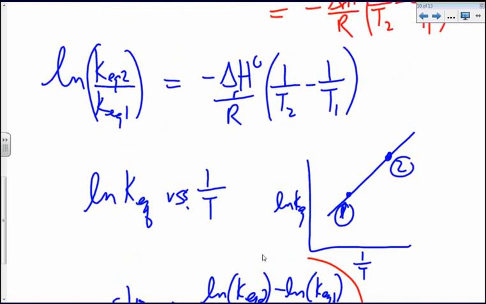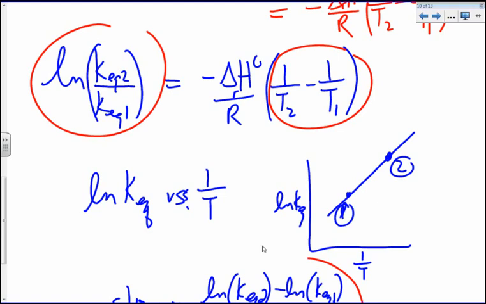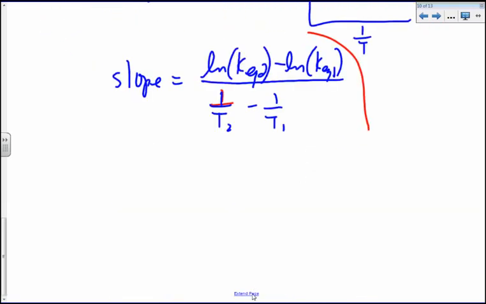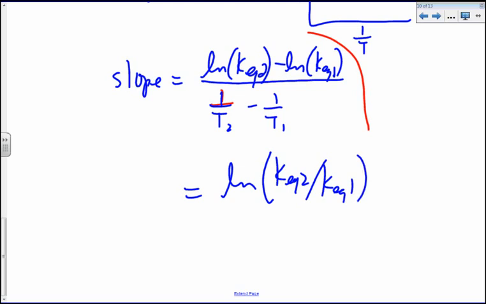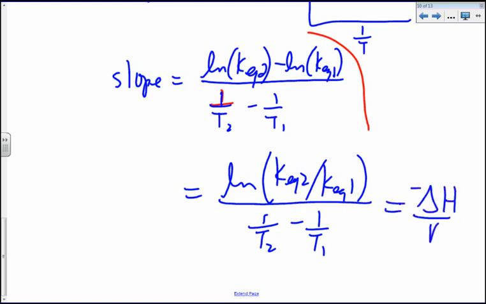So that's just this one divided by that one, just like the Clausius-Clapeyron equation. So that's equal to ln of KEQ2 over KEQ1 over 1 over T2 minus 1 over T1. So that's your slope. And so that's equal to negative delta H over R.